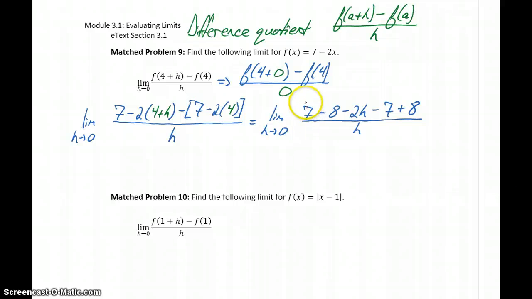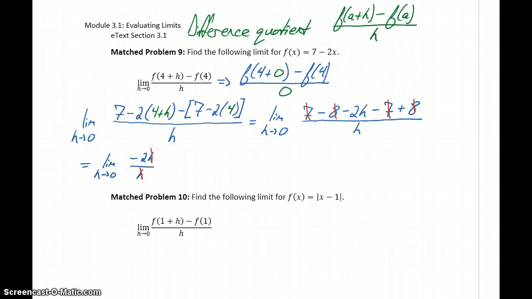Now what we have in the numerator is 7 minus 7, 8 minus 8. So those are all going to cancel out with each other, which leaves us with the limit as h approaches 0 of negative 2h over h.